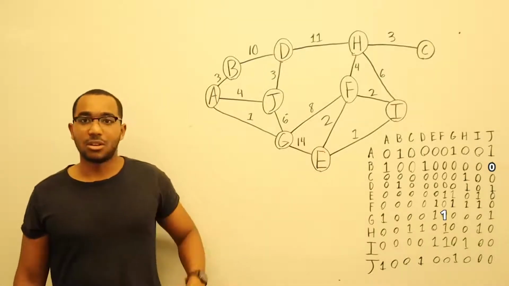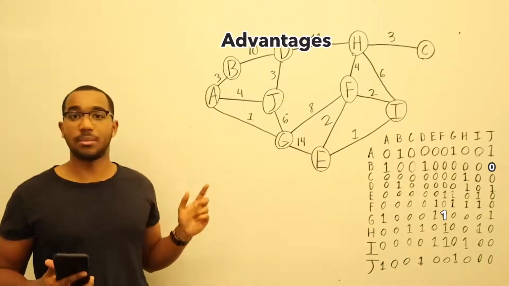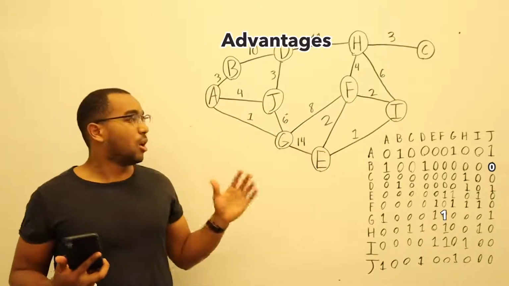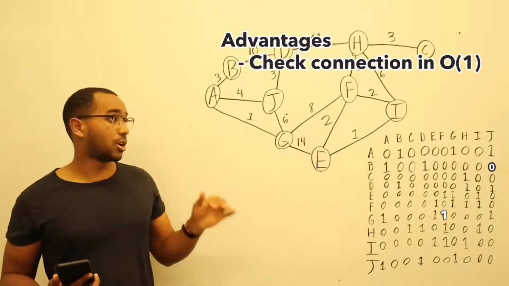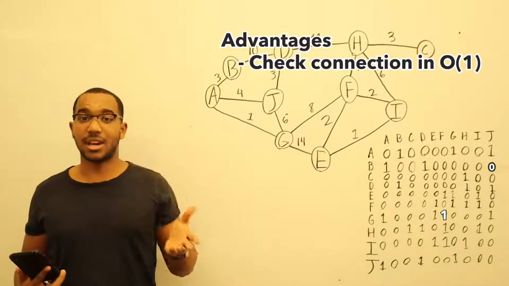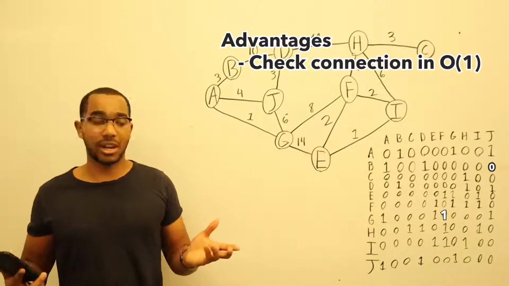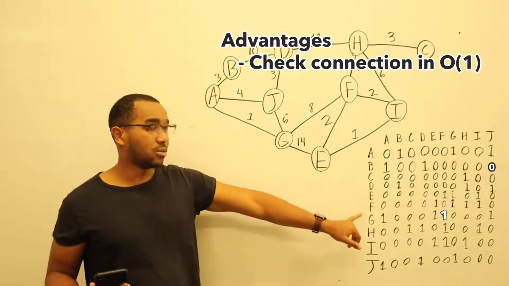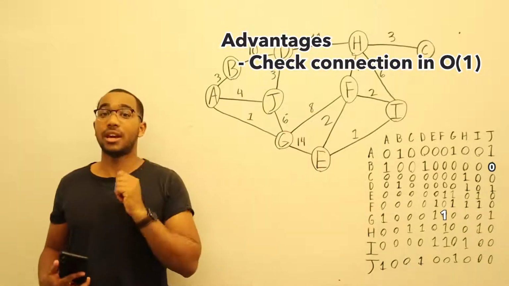Now what we need to also consider are the trade-offs. So the advantage of the adjacency matrix is that we can know whether two nodes are connected in constant time. It's a simple lookup. If I want to know whether A is connected to D, I look here, A, D, it's a 0. There's no connection. If I want to see if F is connected to J, F, J, we see they are not connected.